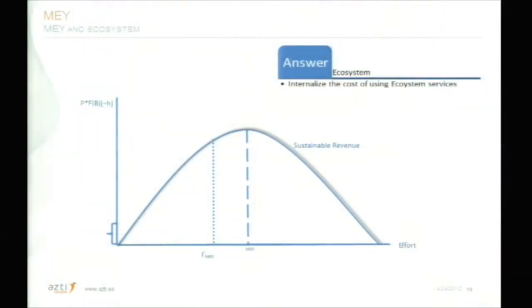But in general, the idea of the relationship between MEY and ecosystem is that we have to internalize all the cost that we are imposing on the system. And in that sense, if we internalize the cost of using ecosystem services, we end up with a situation like that, where at the end, what we're moving to is a lower effort optimum situation.